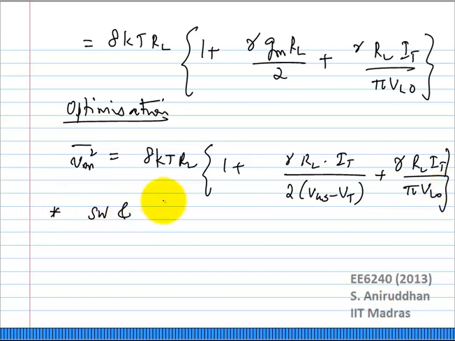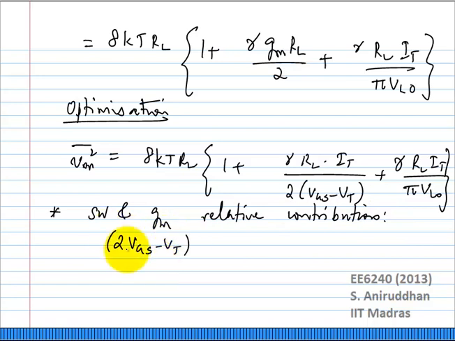So if you look at the relative contribution of the switches and the transconductance stage, the ratio of these two is 2 VGS minus VT by pi VLO.